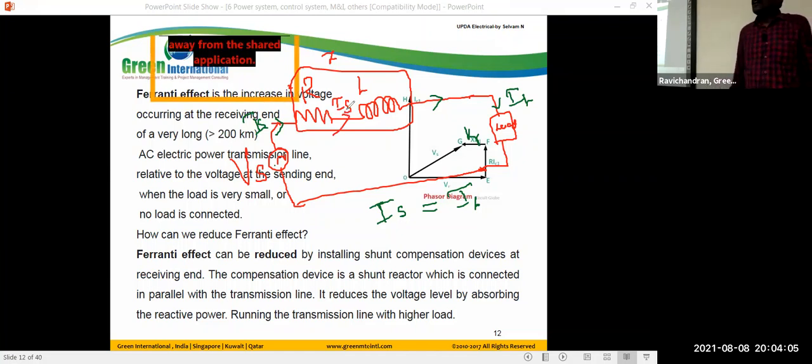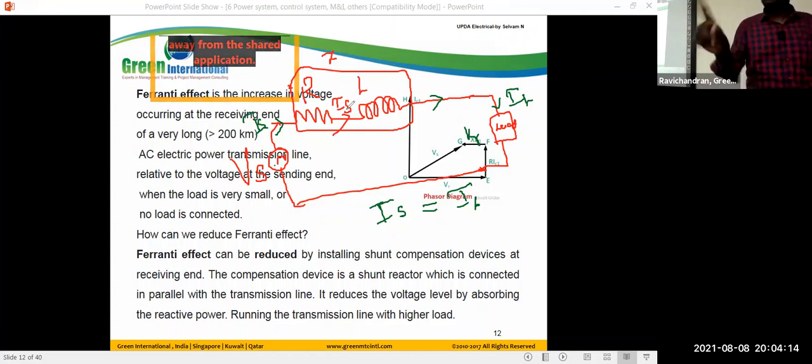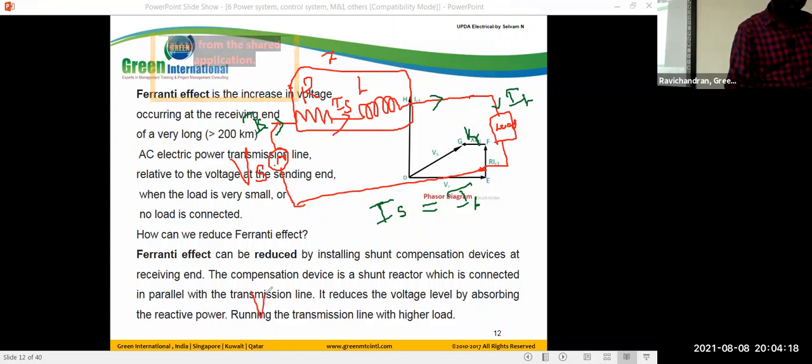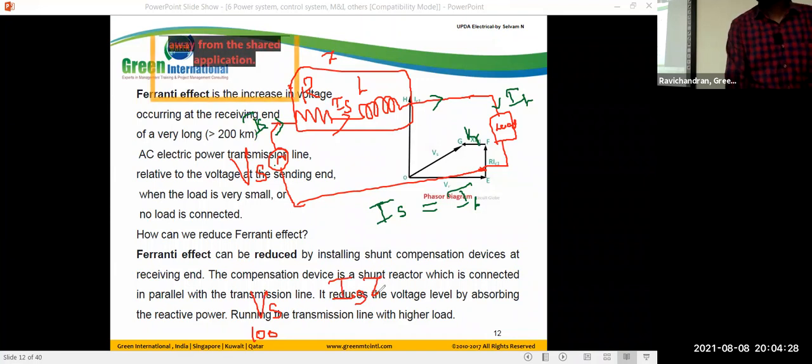So if the current flows through the impedance, what will happen? There is a drop in the inductance. Correct? So we are giving the Vs voltage. Assume that it is 100, and IS times Z is the drop in the transmission line.